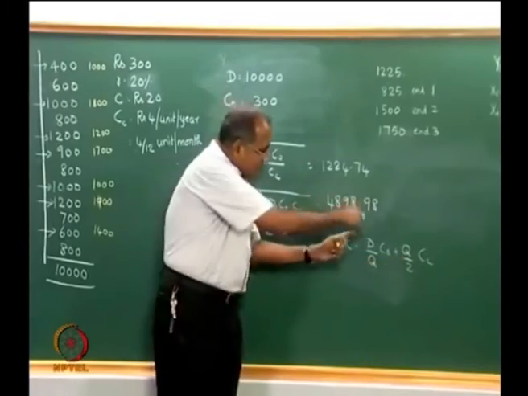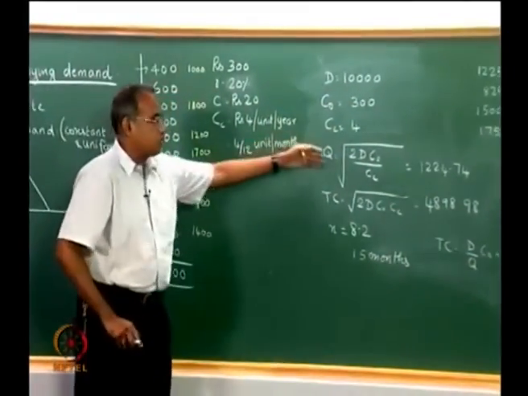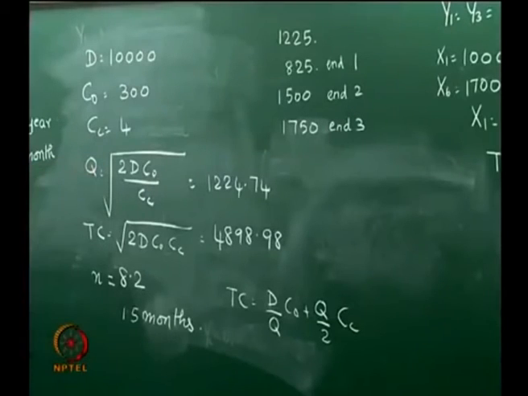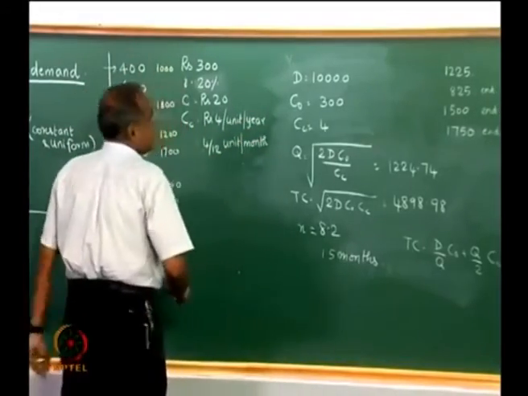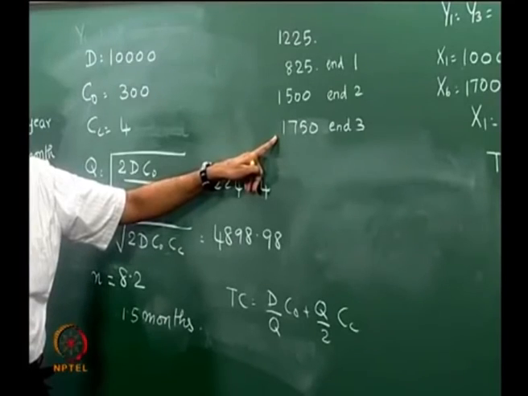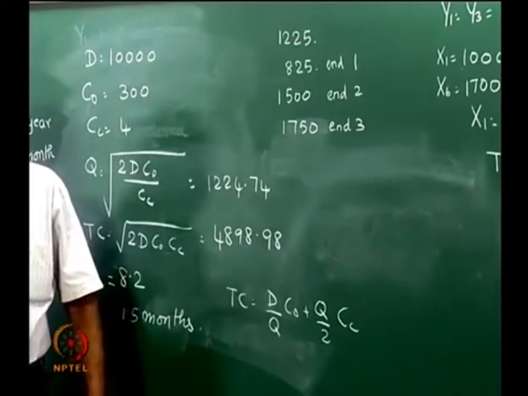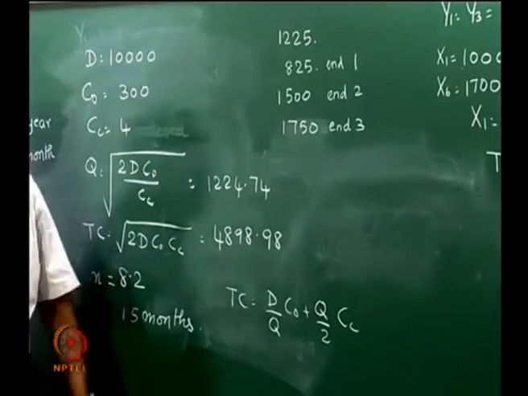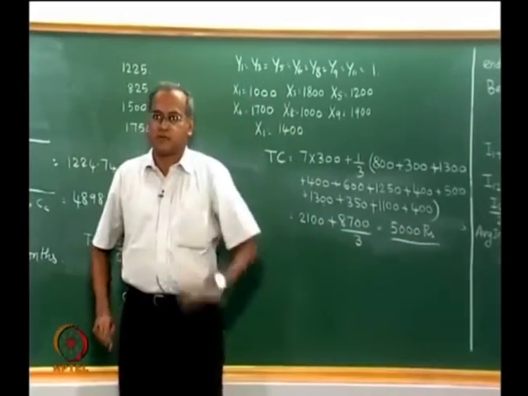When we actually correct this term for the solution which is 1225 every 1.5 months, and we correct the term while doing this calculation, then you realize, for example, that the average inventory would not be Q by 2, it will be something slightly more, which would eventually give us a number that is slightly more than 5000.